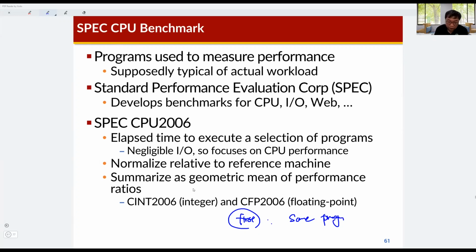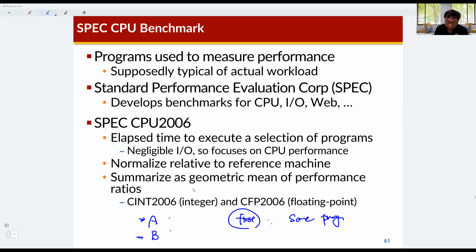For example, this is computer system A and computer system B. For system A, we launch Windows, and for system B, we launch Linux. So different types of applications, and then just compare the performance. Is that fair? It's not fair. So in order to compare the performance of two different computer systems, we need to use the same application.